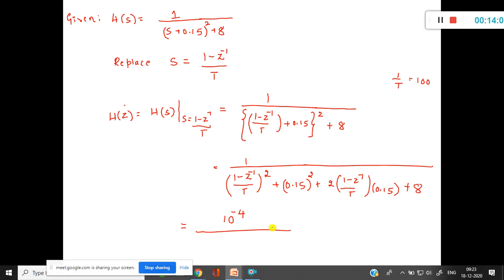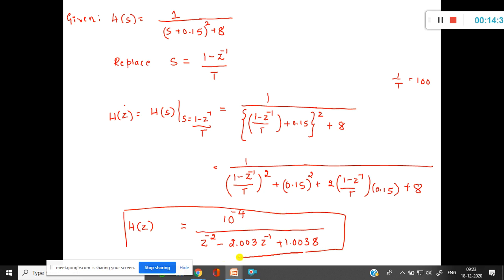In the numerator we get 10 to the power of 4, and the denominator is a quadratic polynomial, 2 z to the power of minus 2, 2.003 z inverse plus 1.0038. You need to substitute the value of T and you will get this answer, no doubt. This is my digital domain transfer function.